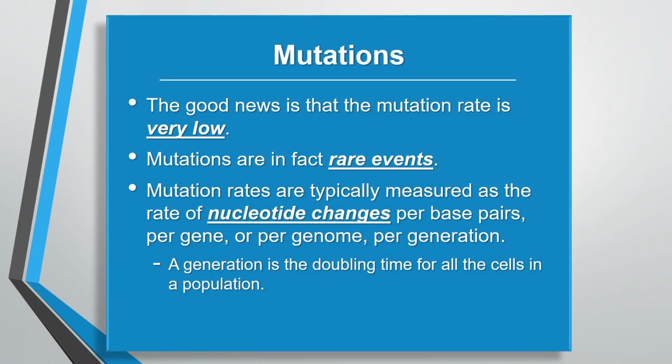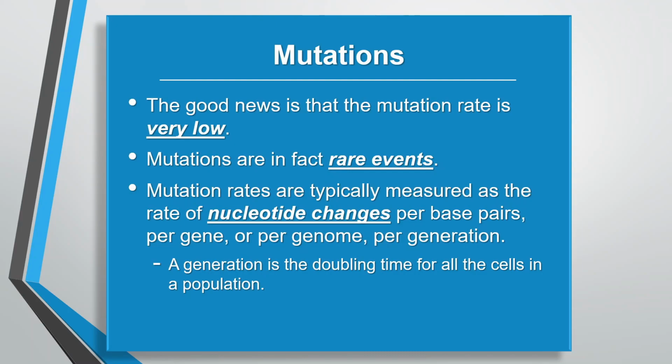But the good news is that the mutation rate is very low. Mutations are, in fact, rare events. Mutation rates are typically measured in the rate of nucleotide substitution per base pairs, per gene, or per genome, per generation.